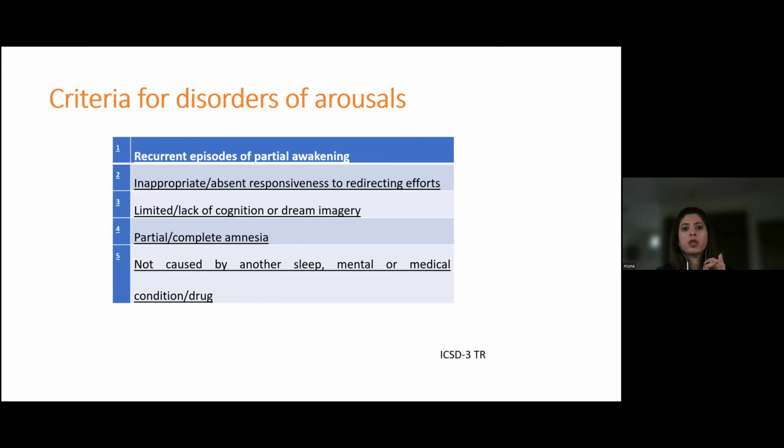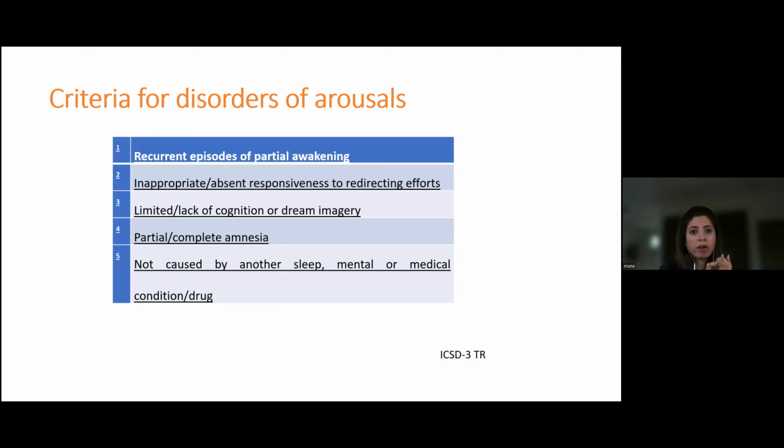There should be recurrent episodes of partial awakening. Think of that as the person being partially awake, but not fully awake. Part of the areas of the brain are sleeping and part are awake. That basically explains why they behave in this manner.